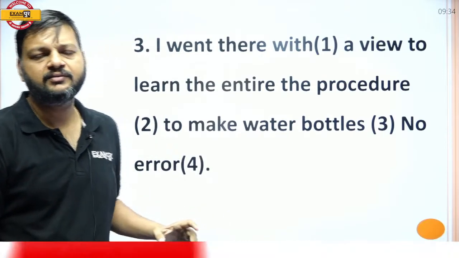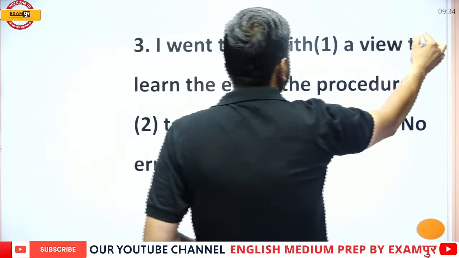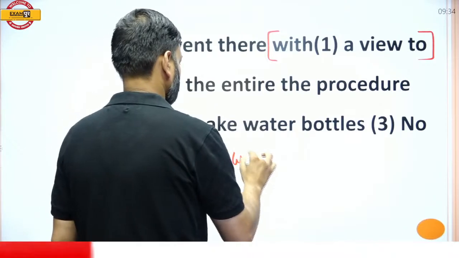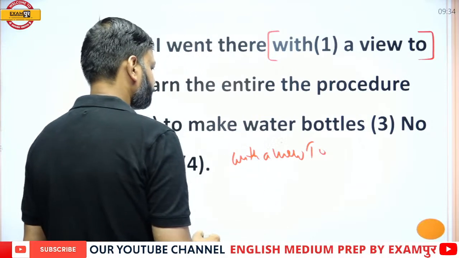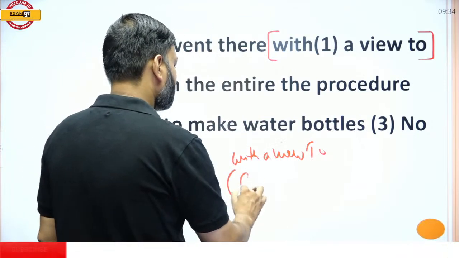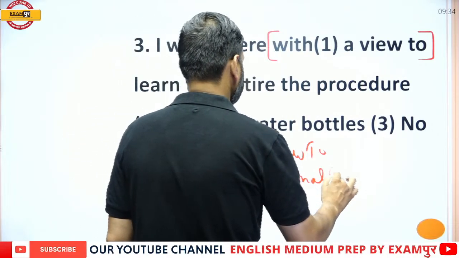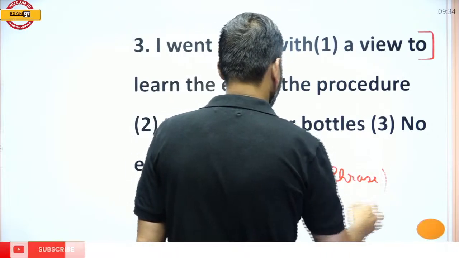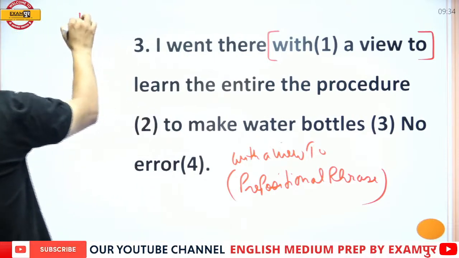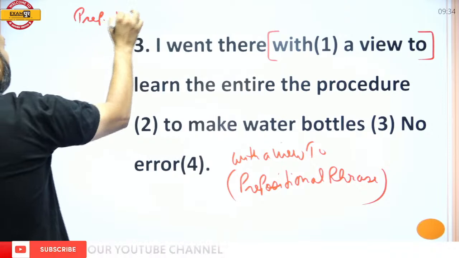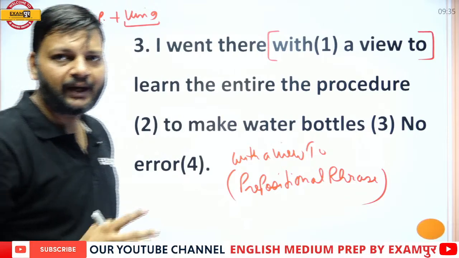Now, in this sentence, just one thing you have to keep in mind, that with a view to is a prepositional phrase, and as we know, preposition is always followed by a gerund.